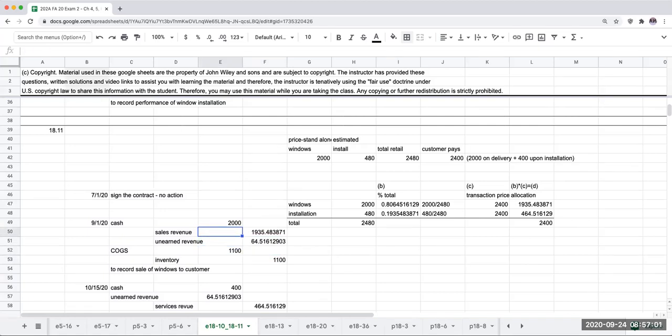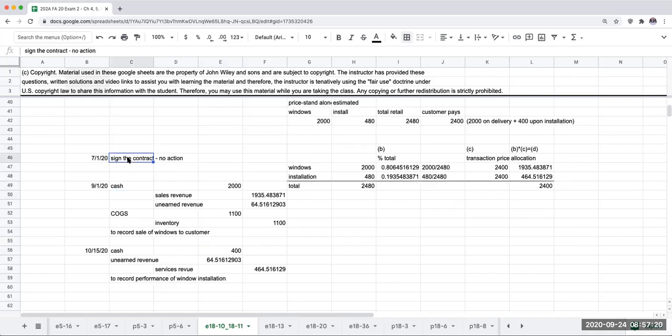The sales revenue now, instead of being what it was before, is now this 1,935. My unearned revenue is now 64. So that's when I record the initial transaction. So no difference from before. When I sign the contract, nothing's happening. There's no cash changing hands.